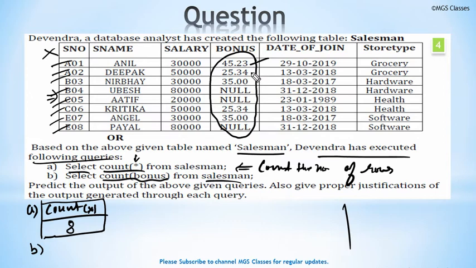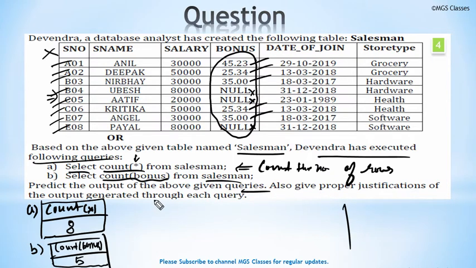So 1 2 3 null values will not be counted, remember. 4 5 and null 6 will not be counted. So there are 3 null values, and the output of count bonus will be 5.